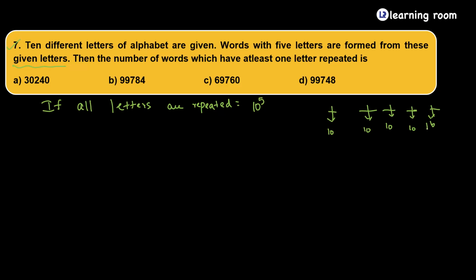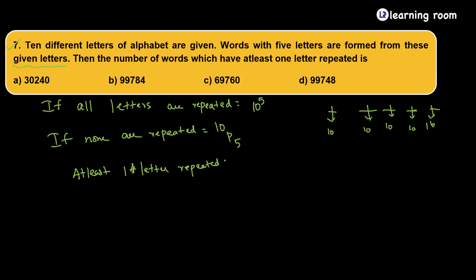If none of the letters are repeated, then what will it be? It will be 10P5. You understood why it is P? Because it's permutation, it is arrangement of letters. So for you to have at least one letter repeated, what should happen?